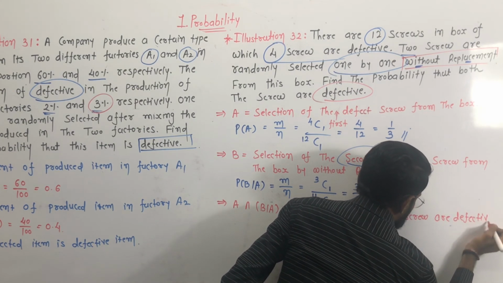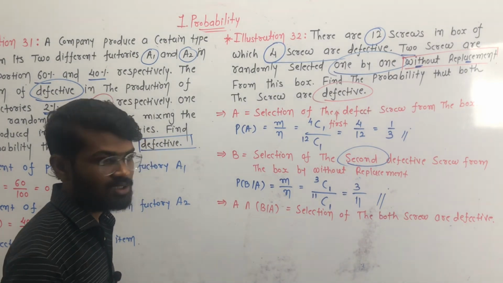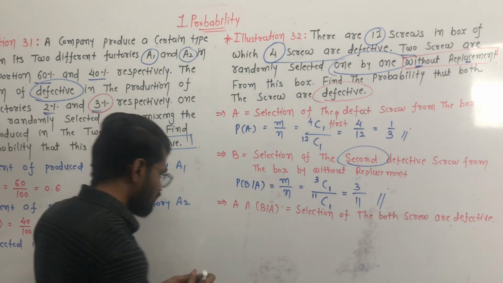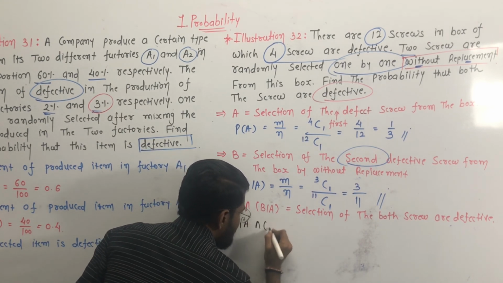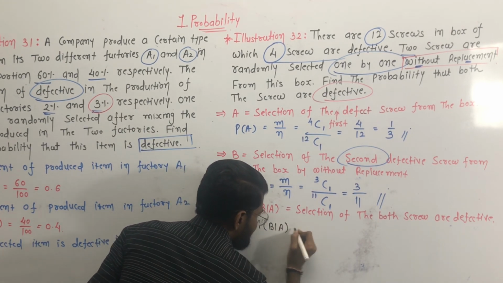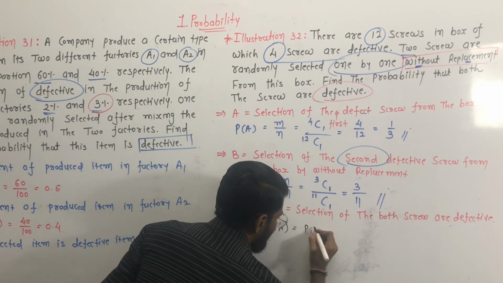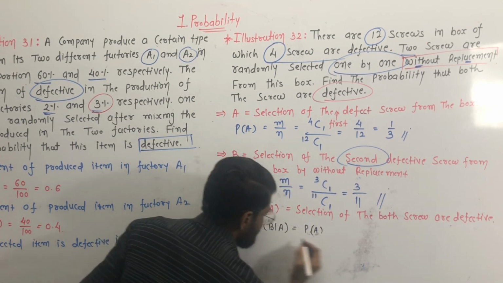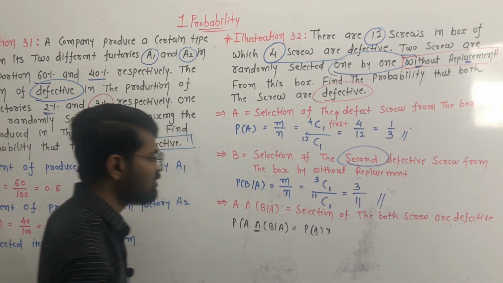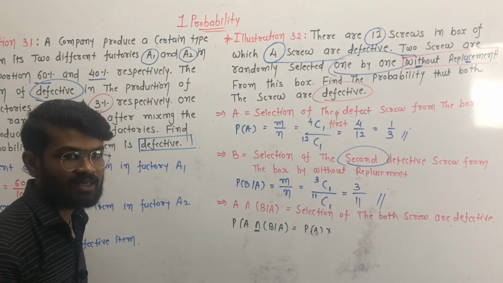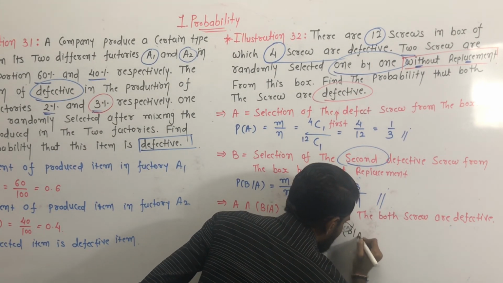Okay, so we have to find the intersection of event A and event B. So we have to find the probability of A intersection B, which is equal to P of A, and for the intersection there is a multiplication, times P of B given A. Clear?